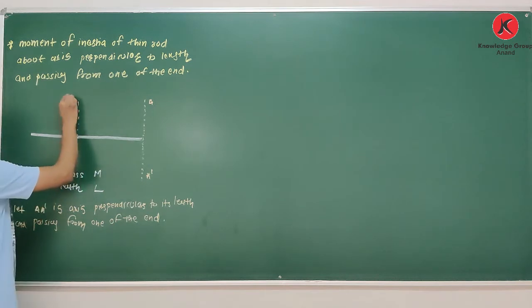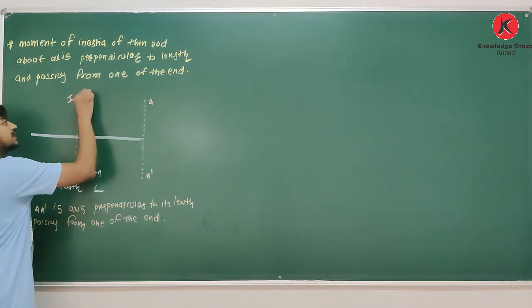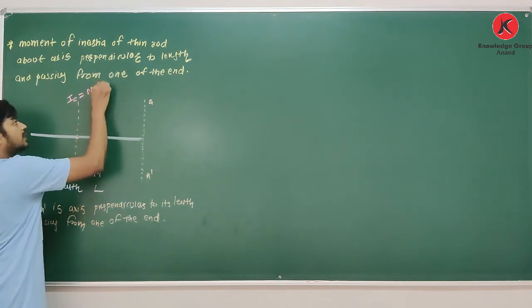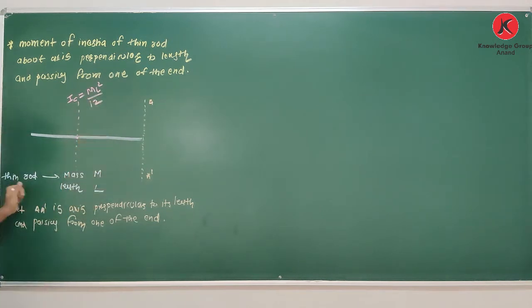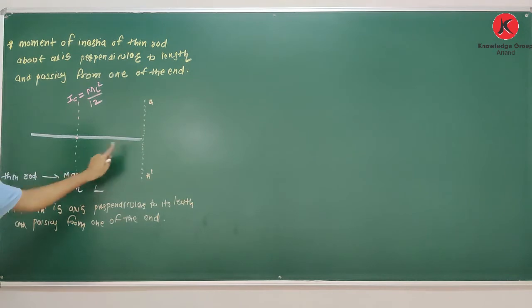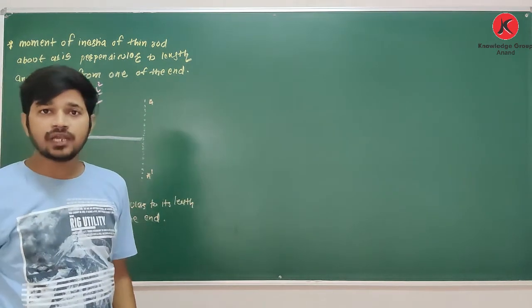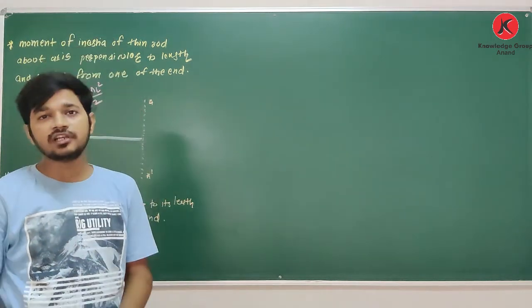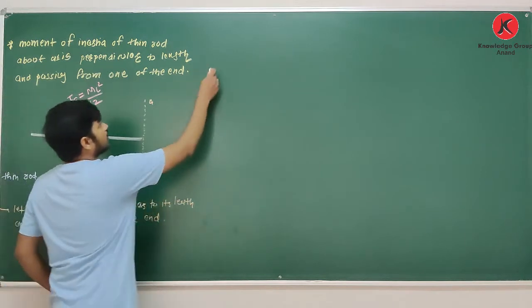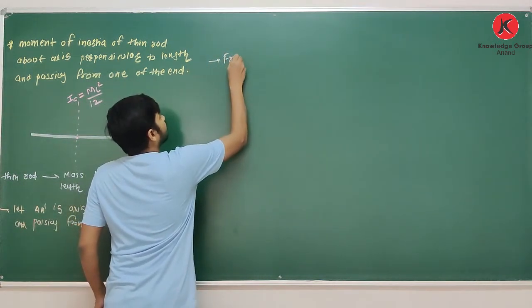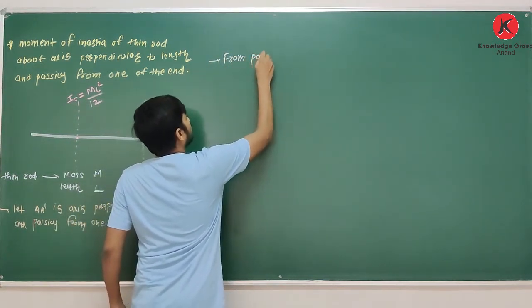And we know the moment of inertia about this axis, IC, is equal to ml square by 12. Now we have to find the moment of inertia for this axis. As these two axes are parallel, you can use the parallel axis theorem.